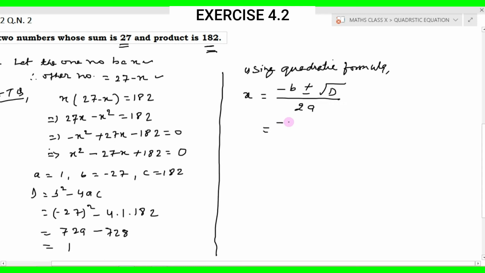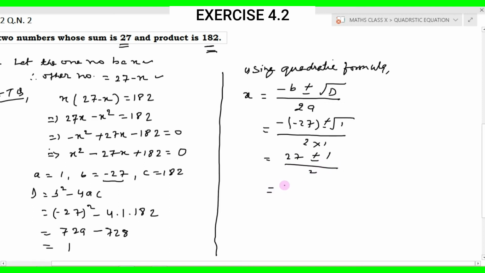Putting the value of b, minus, and the value of b is -27. So in brackets you will write -27, ± √D, D is 1, divided by 2 into the value of a, which is 1. So you will get (27 ± 1) divided by 2.